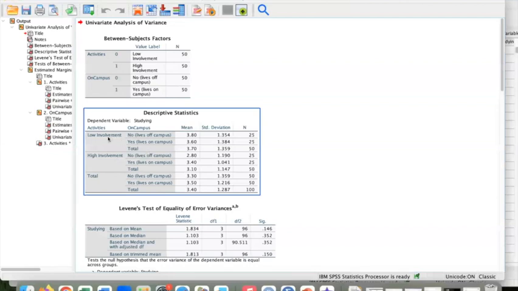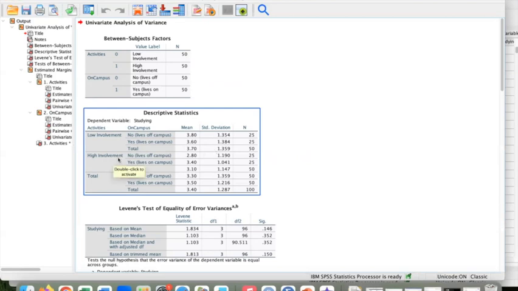So the way to read this is seeing that the people who were low involved and lived off campus had a mean of 3.8. Those who had low involvement and lived on campus had a mean of 3.6, and then everyone who was low involvement had a total of 3.7. So you can see you kind of have to go down and across to read each of these means.